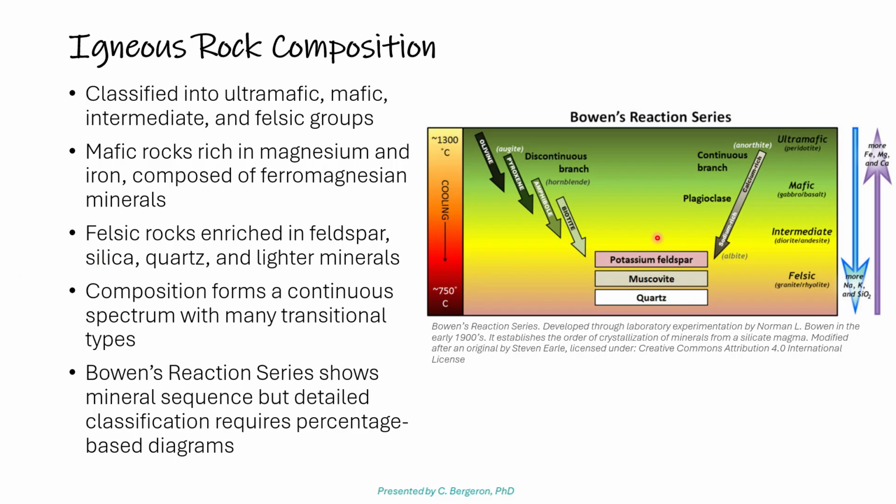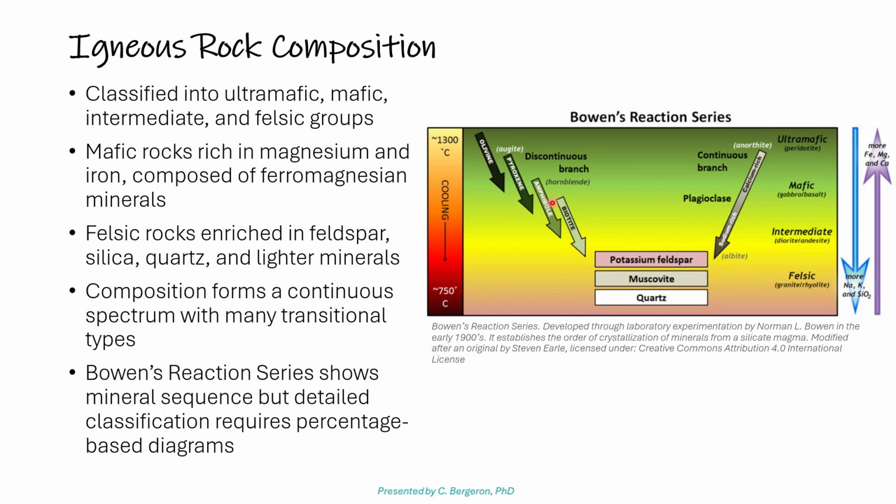But if we're just focusing on composition, there are two parts of this plot. You have the discontinuous branch and the continuous branch. And as your temperature goes down, these minerals are coming out of solution.